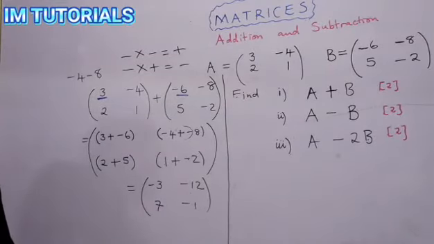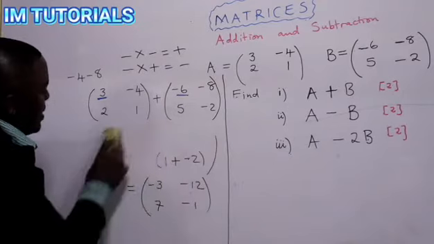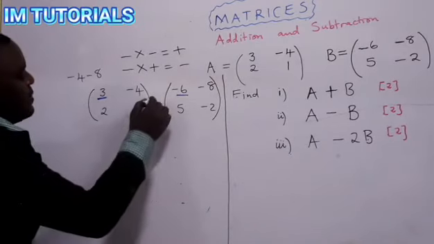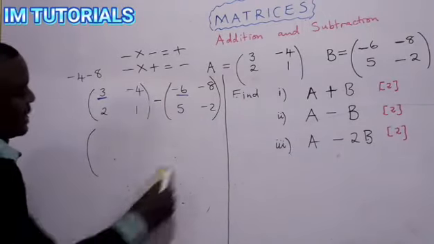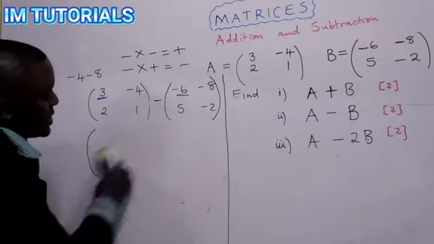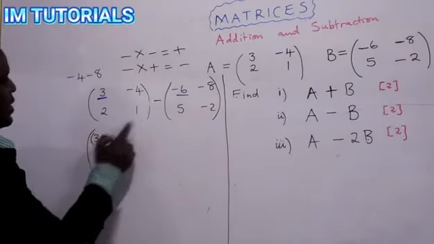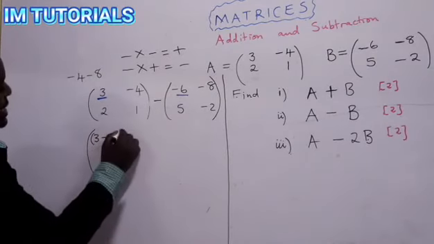A minus B, this time around we would like to subtract. So in order to subtract matrices, we do the same skill. You subtract numbers that are corresponding to each other. So 3 is corresponding to minus 6, but you have to put the negative sign first before you write minus 6.